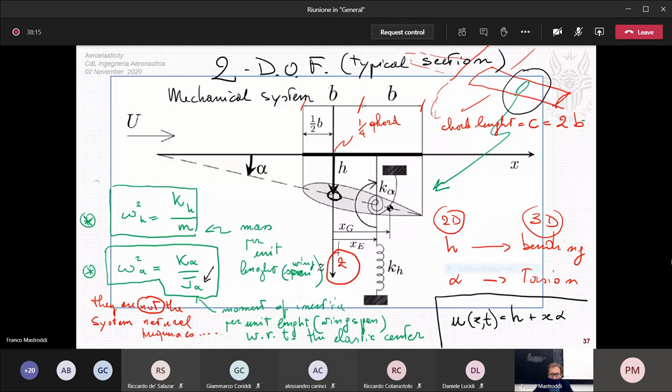The distance from this point to the leading edge is 1/4 of the chord, and the distance between this point and the trailing edge here is 3/4 of the chord. Okay, so this is the leading edge, the trailing edge.